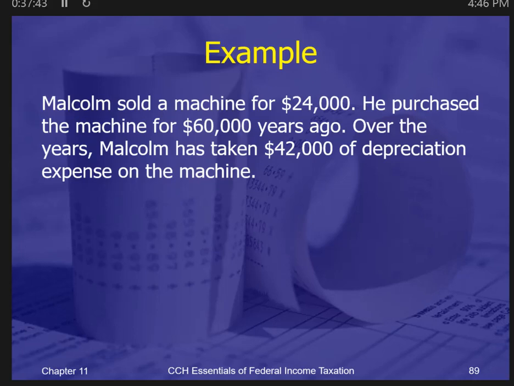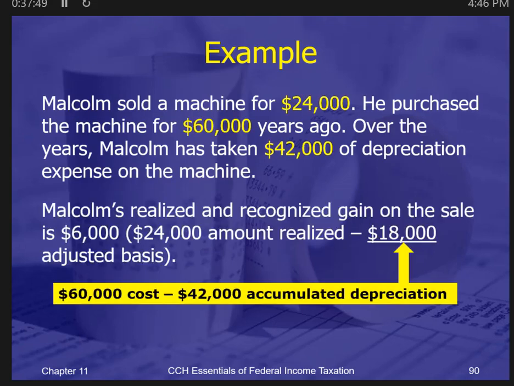Sold a machine for $24,000, purchased for $60,000. We've taken $42,000 in depreciation, so his basis now is $18,000. All right. So when we realize and recognize the gain, we take how much we sold it for minus the $18,000. We get $6,000. We go, hey, this is a Section 1231 piece of property. It's used in a business. So we should be able to use the capital gain rates on this.